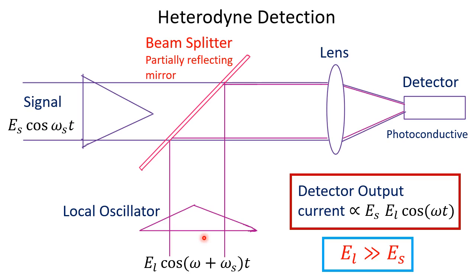It's like a clock, which is simply ticking exactly periodically. So we will find that the detector output current is actually proportional to both the signal and the local oscillator. And let's see how we can beat the usual limits arising out of shot noise using this business of heterodyne detection.